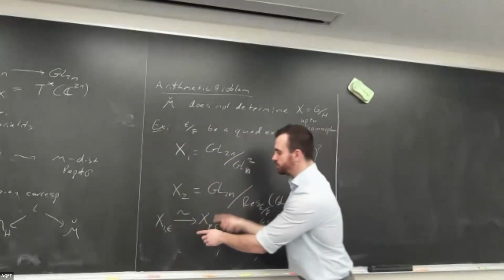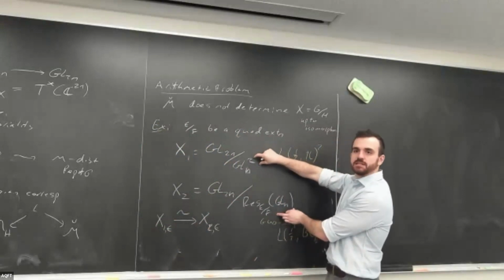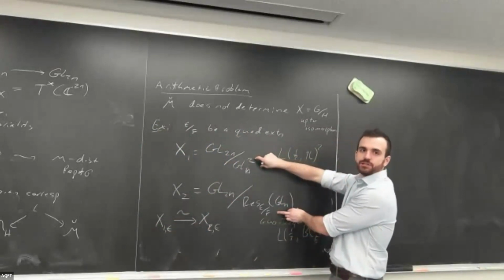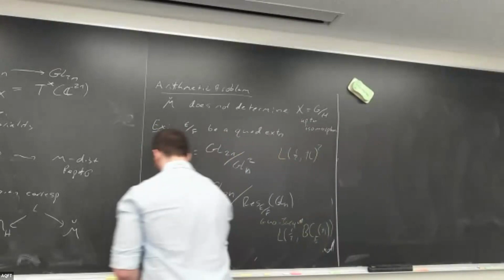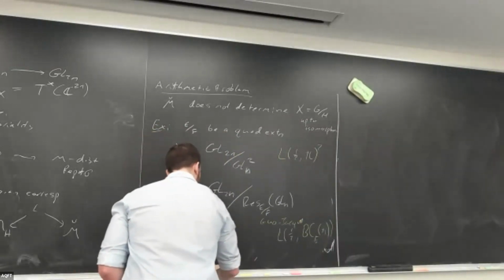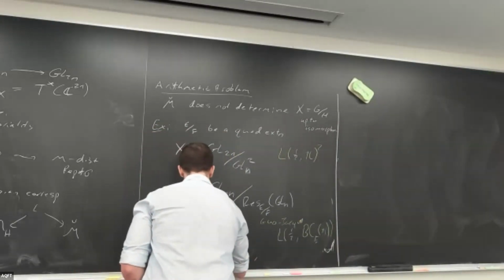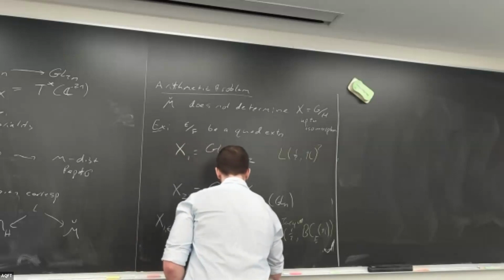But the problem here is when you do that, you actually get an outer twist of this stabilizer group. That's the exact issue. So I call these, for lack of a better term, G outer forms.